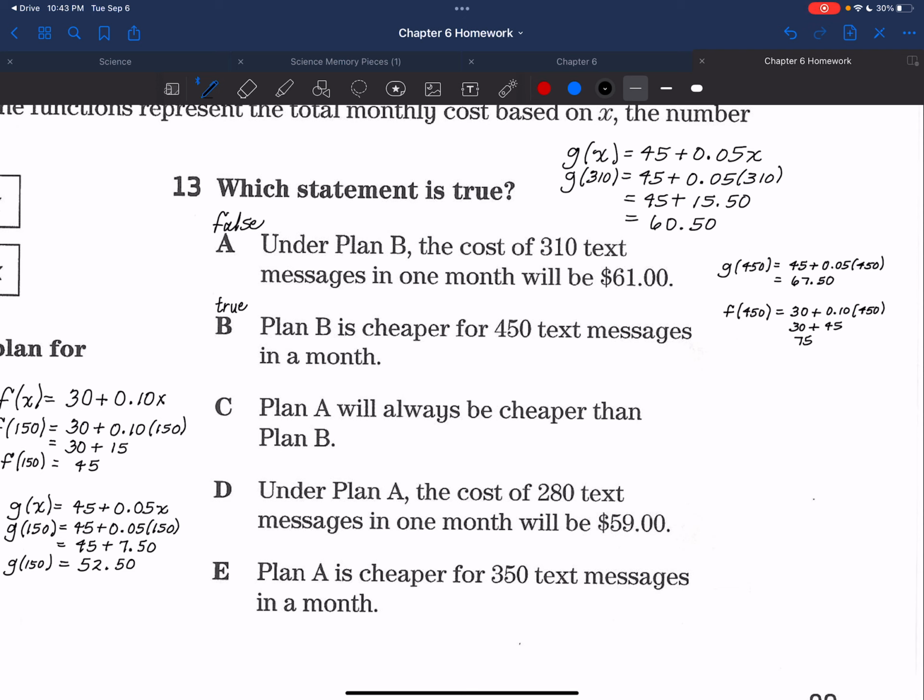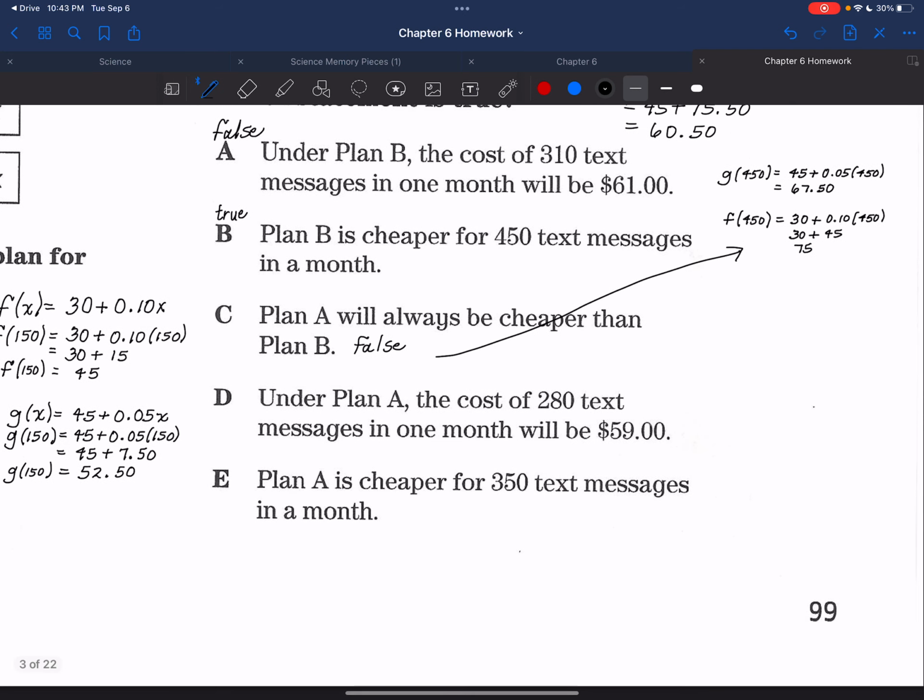Plan A will always be cheaper than Plan B. That is not true, and I just proved it to you right here. Plan A is more expensive than Plan B. Under Plan A, the cost of 280 messages in 1 month would be $59.